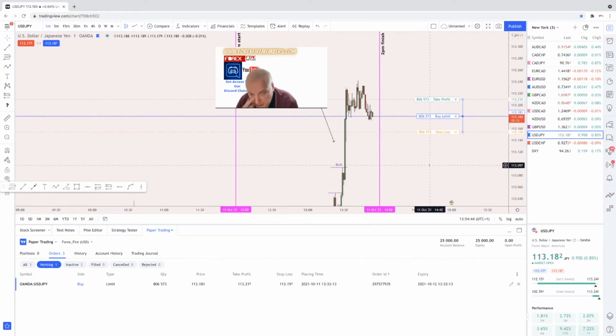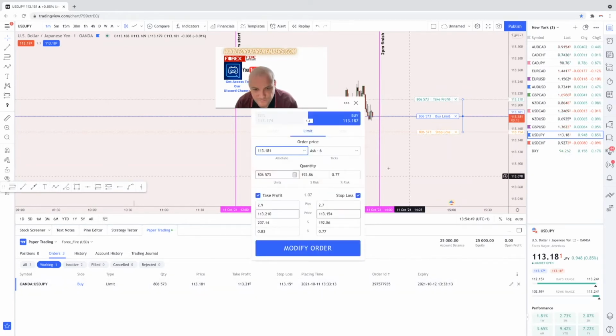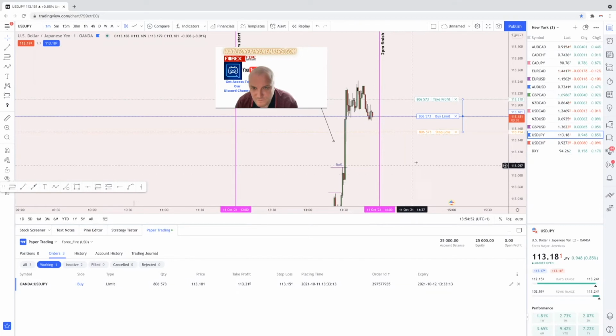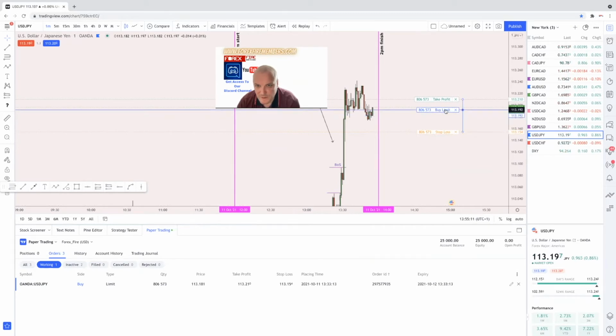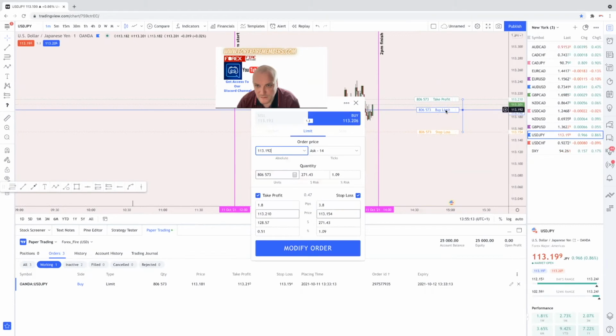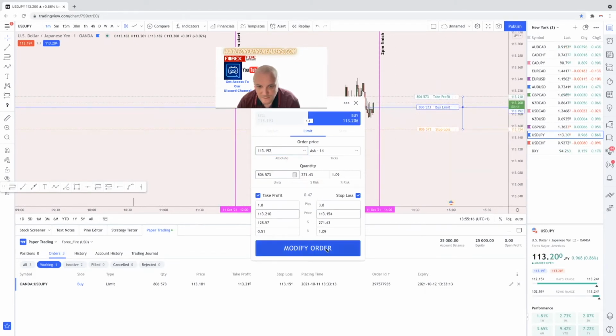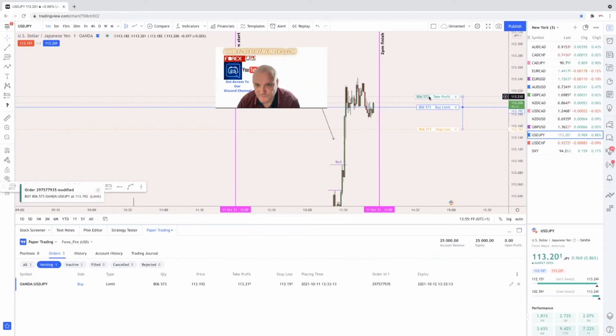I do believe it's going to kick off for us. Let's move the buy limit up a bit. Here's the order. Just got to wait for this to activate.